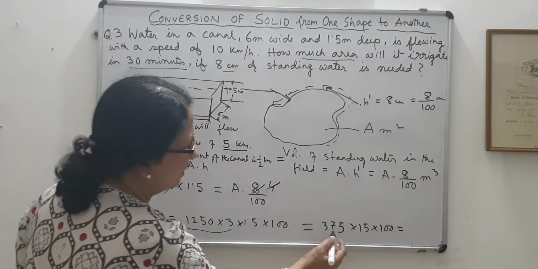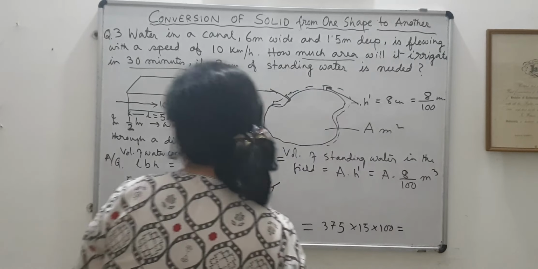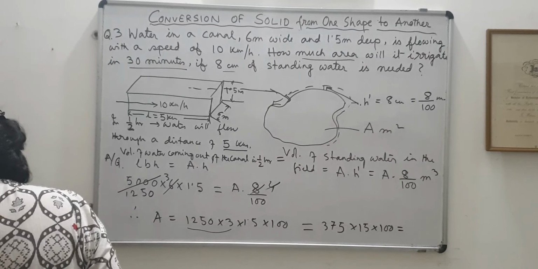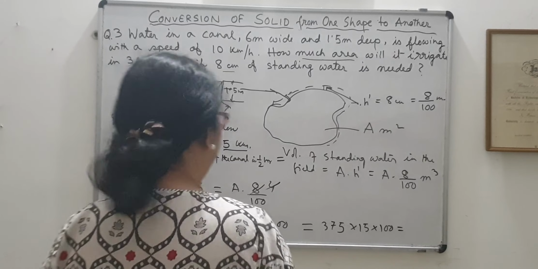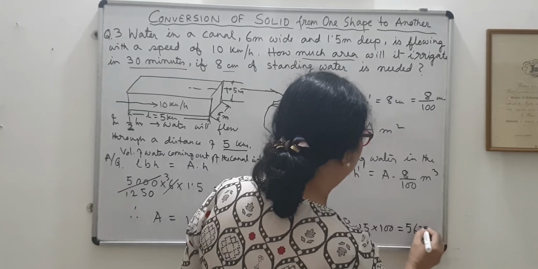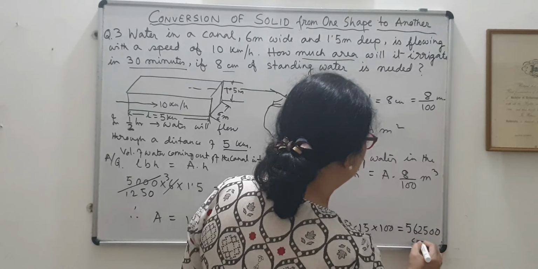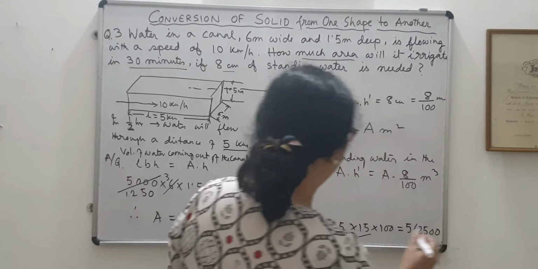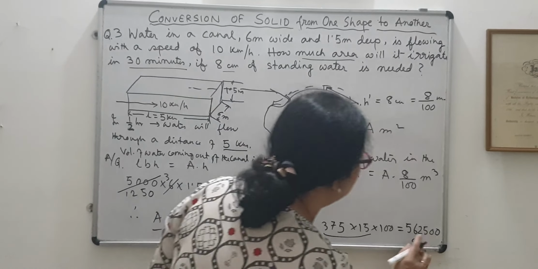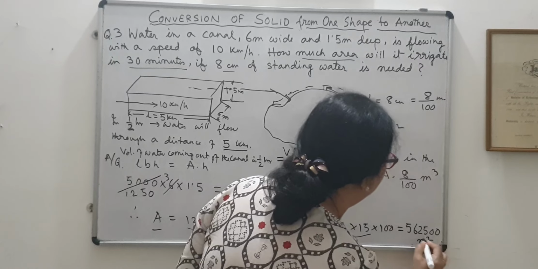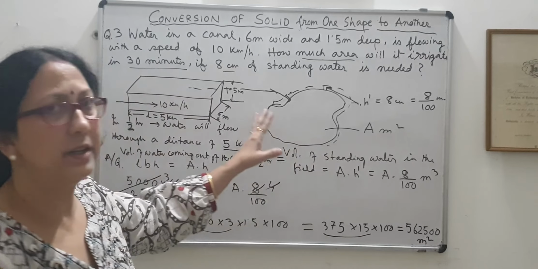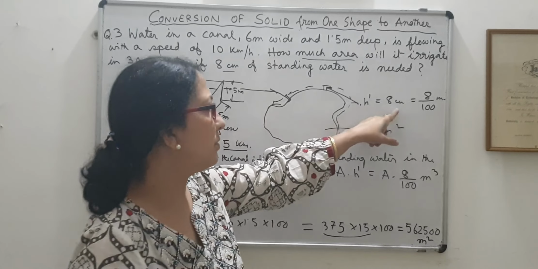If you know the table of 50, it will come out to be 5625. If I multiply this, 562,500. Sorry, this was your area, so it is in meter square. 562,500 meter square.